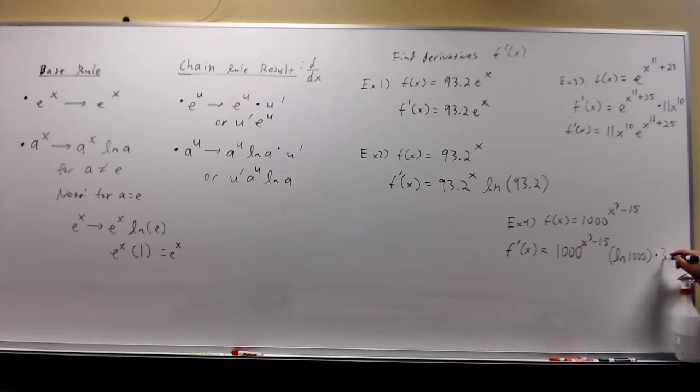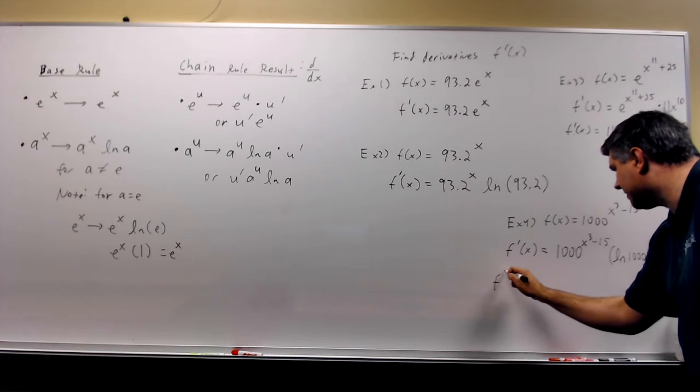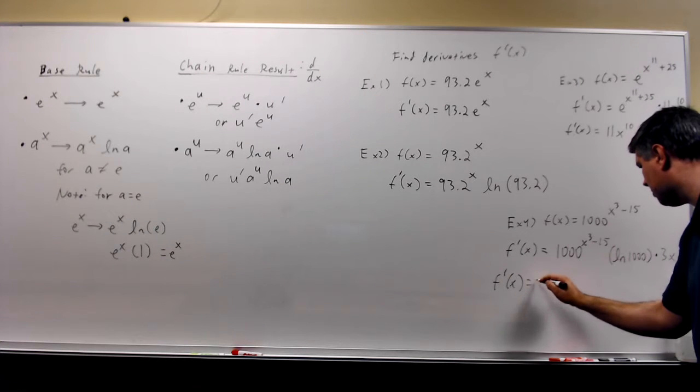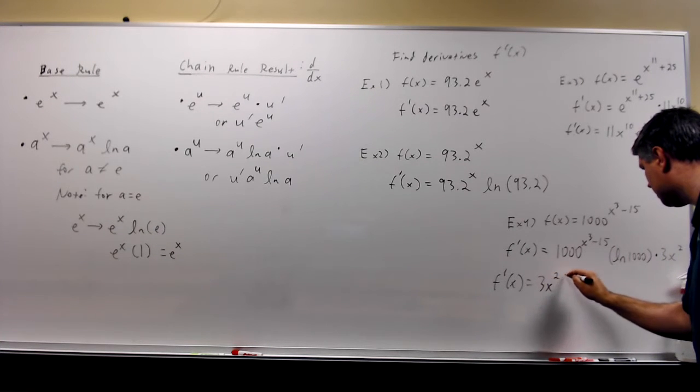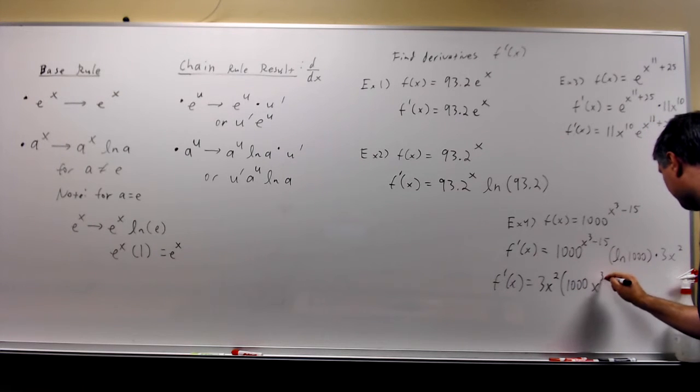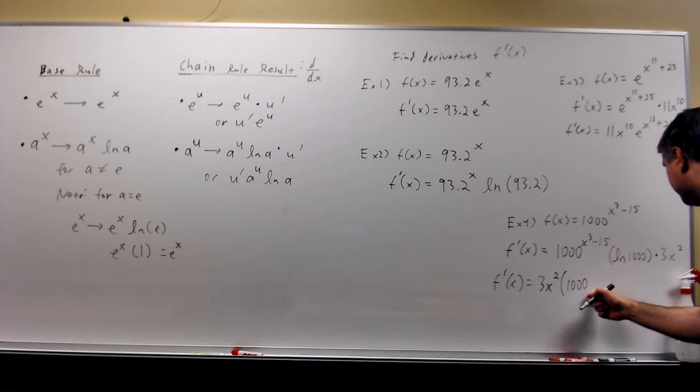So that'd be 3x squared. So f prime of x could be written as 3x squared times 1,000 to the x to the 3rd minus 15 as an exponent.